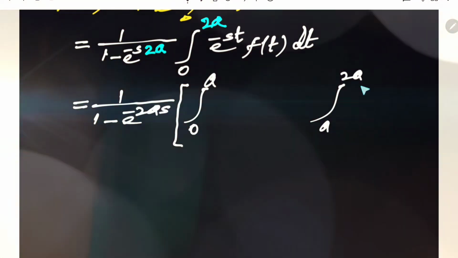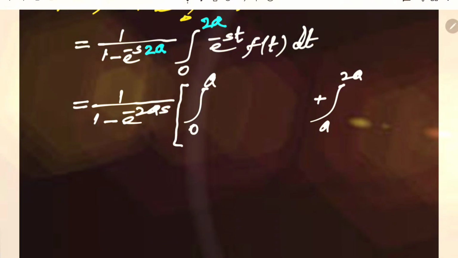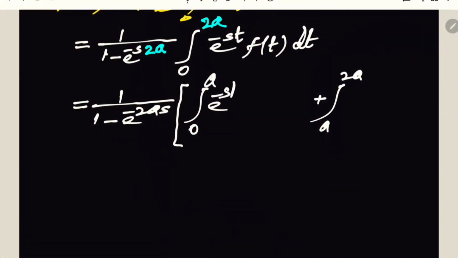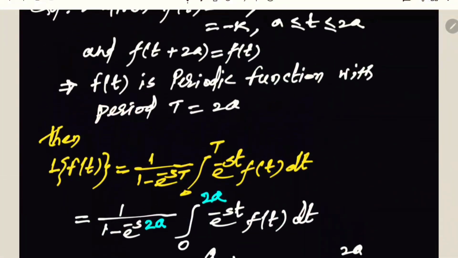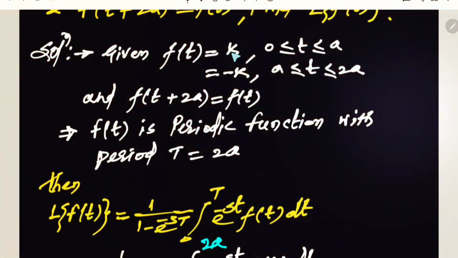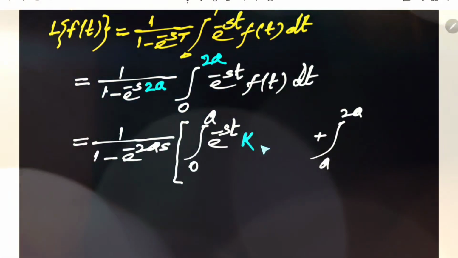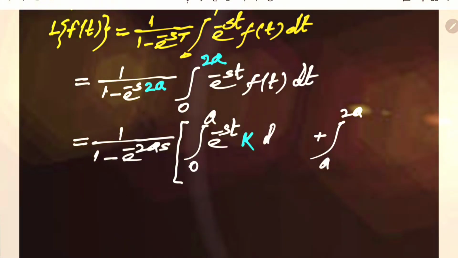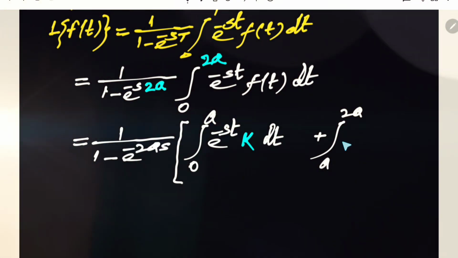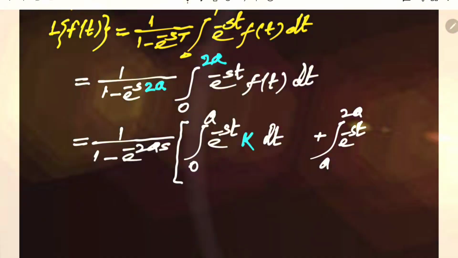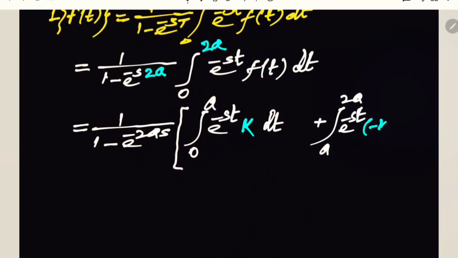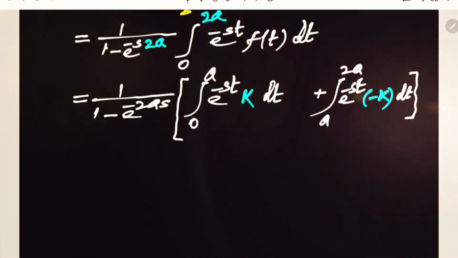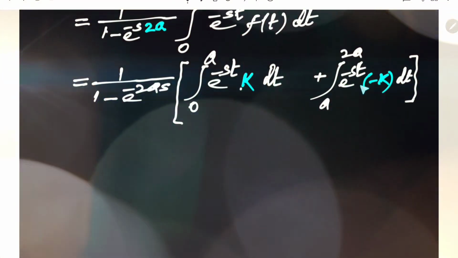Between 0 to a the value is k, therefore it is e raised to minus st into k, and its integration with respect to t. The second value is minus k, therefore taking the minus sign common we get the middle sign as minus in the next step, and limit from a to 2a.